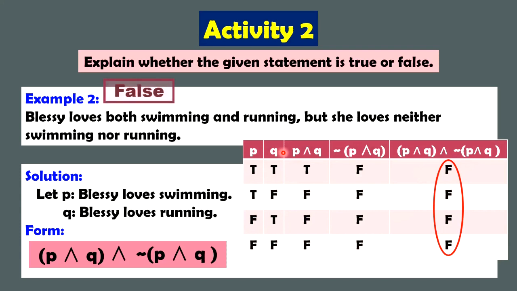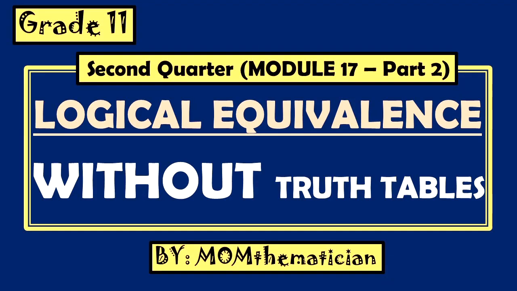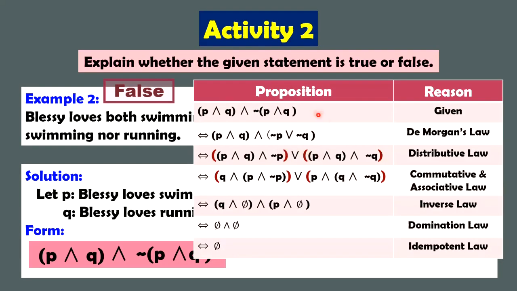There is another way to explain that example number 2 is really false. You may want to use the two-column proof. I also have a discussion on this under logical equivalence without truth tables. This is the two-column proof. We start with the given, this propositional form.